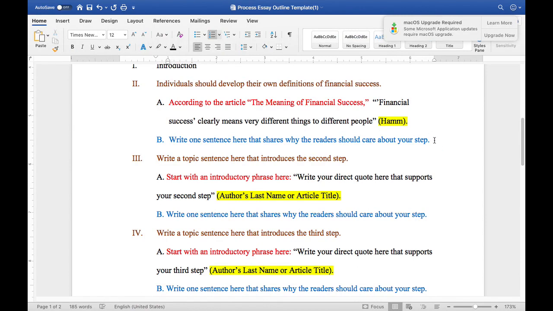Then, remember, your blue section should be talking about the so what. Why does it matter? Why should I care about this? So I'm just going to put one sentence here that goes along with that.